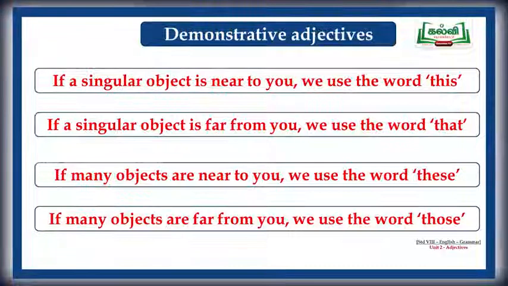In demonstrative adjectives, if a singular object is near to you, we use the word this. If the singular object is far from you, you use that. If many objects are near to you, you use these. If many objects are far away from you, if you want to point out those, you use those.